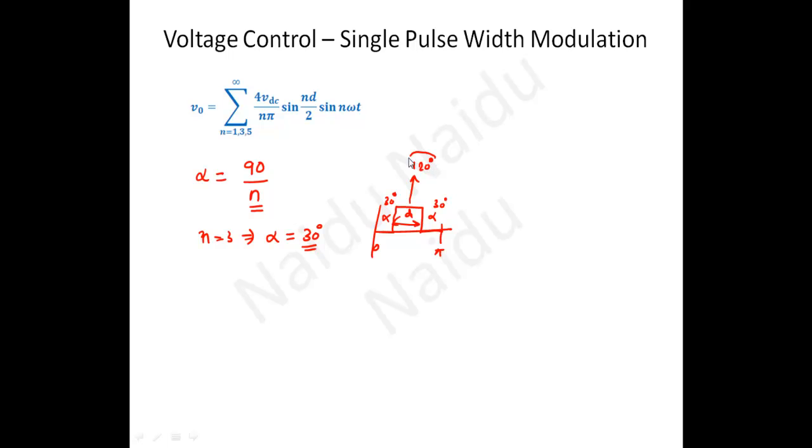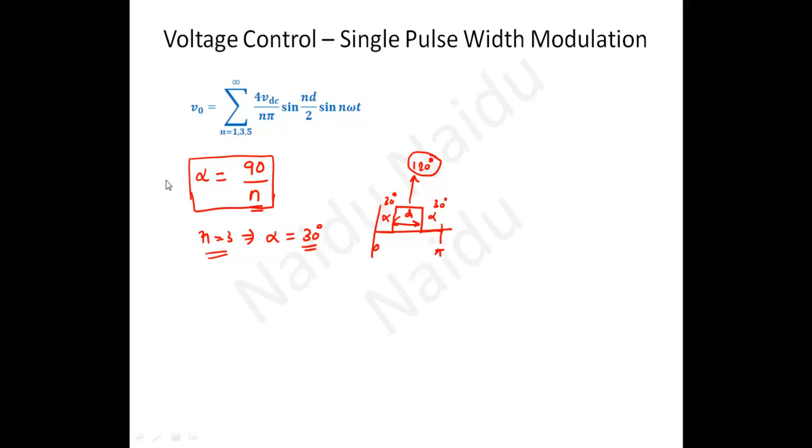If you set a 120 degree pulse width, then the third harmonic and its multiples will be eliminated. So you can also set alpha to eliminate certain harmonics by using this formula. Remember this one also.